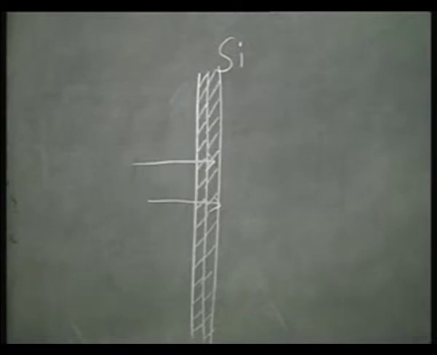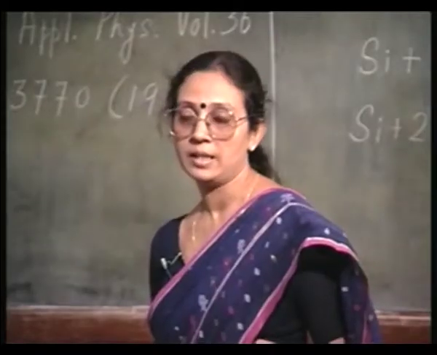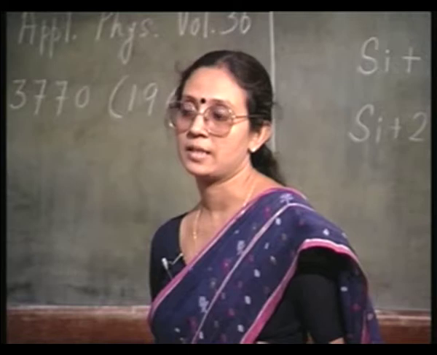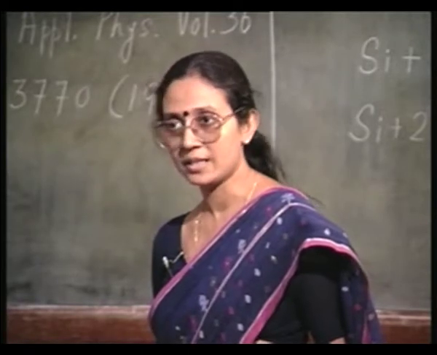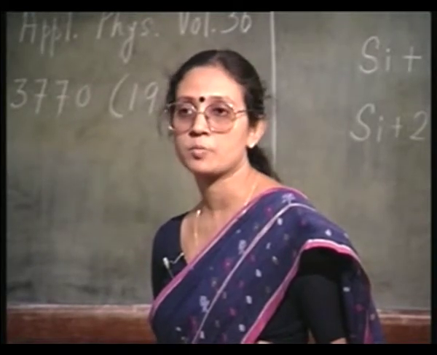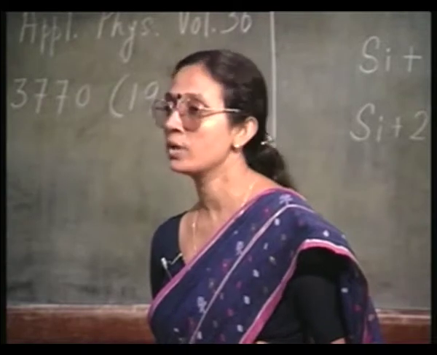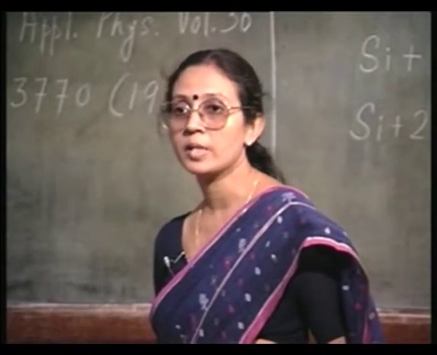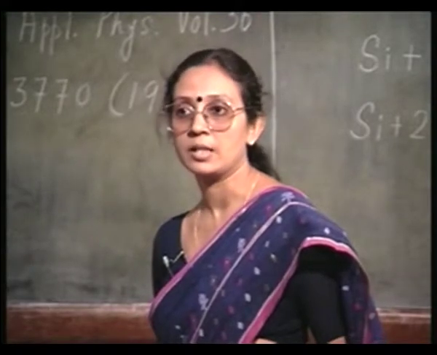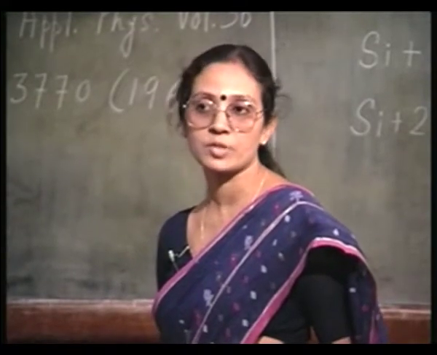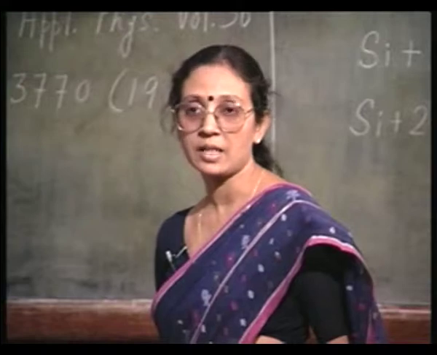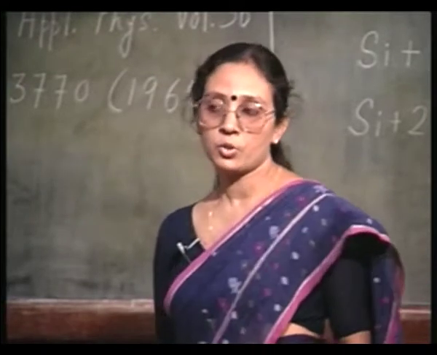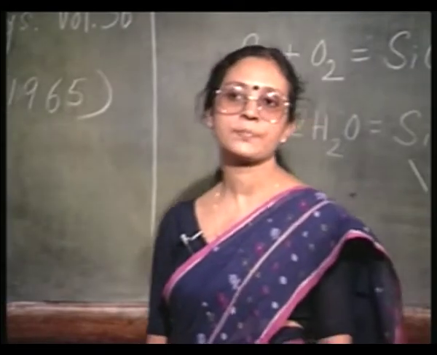This is a property of thermal oxide. Let me tell you at this point itself that I just now mentioned that it is also possible to grow oxide by anodic oxidation, right. In case of anodic oxidation, the movement is in the reverse direction, that is there silicon moves out and reacts at the outer surface. Do you understand the fallout of this?